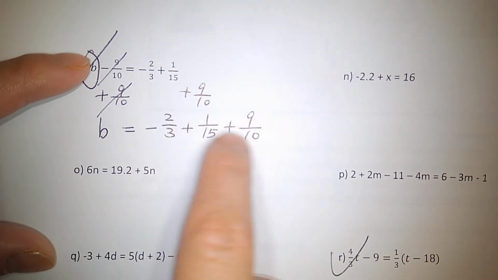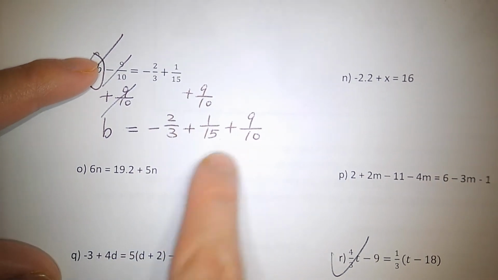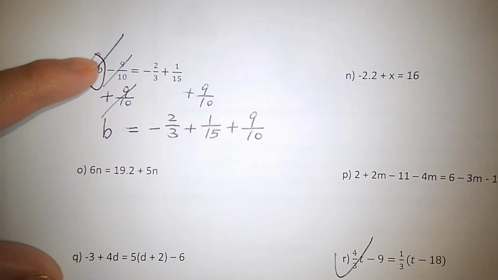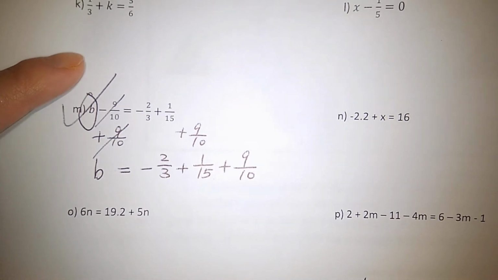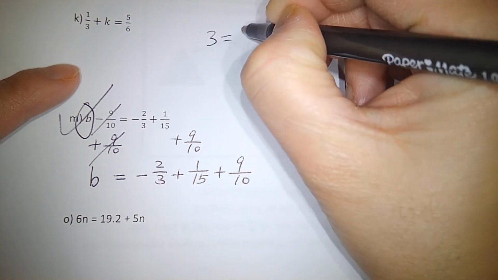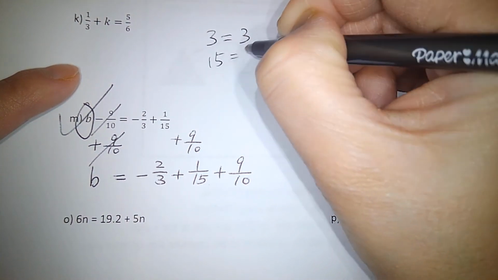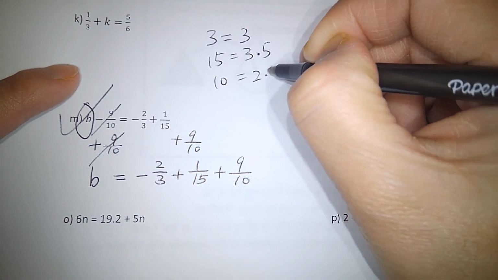Simplify this result, right? We have a 3, a 15, and a 10. What is the LCD? This is the common denominator. So how do we find the LCD? 3 is factored as 3. 15 can be factored as 3 times 5, right? 10 can be factored as 2 times 5.